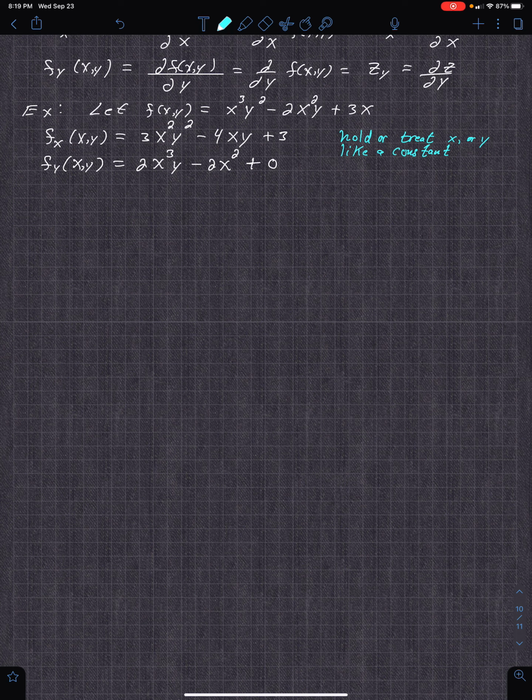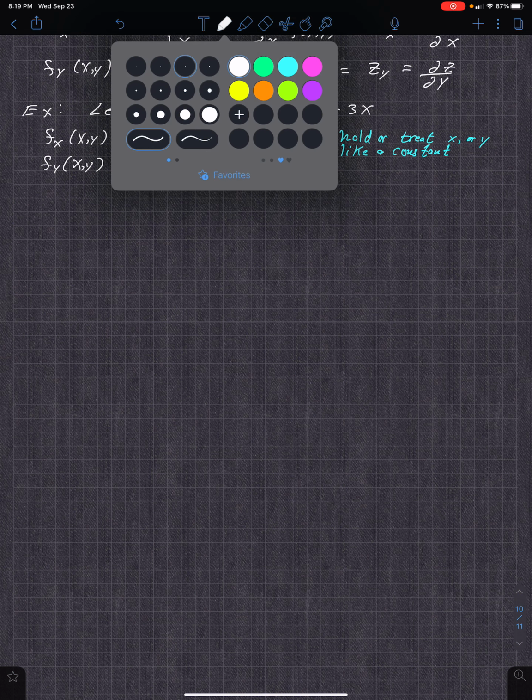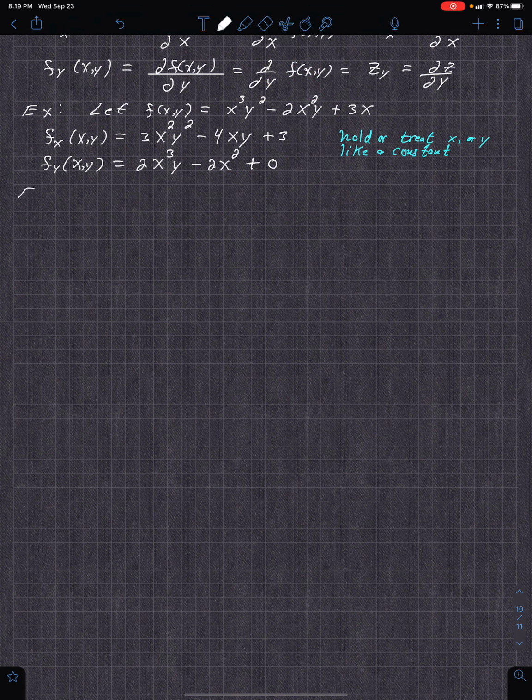All right, so next one, let's look at this question. Next example. So find partial of w with respect to y, if w equals xy squared e to the xy.